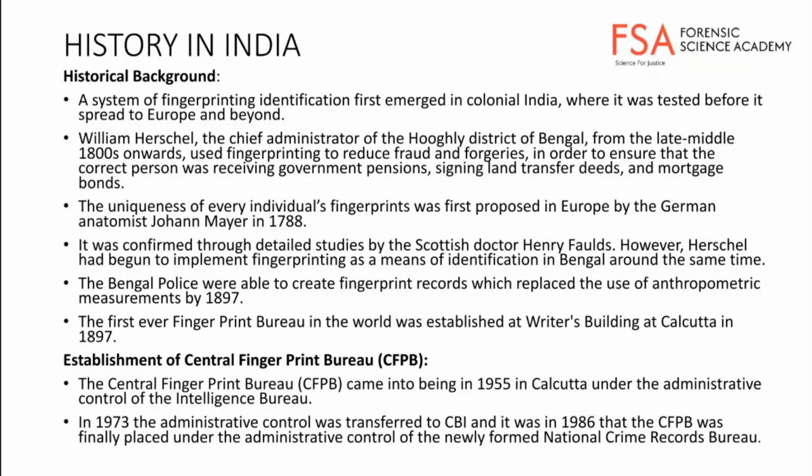The establishment of the Central Fingerprint Bureau (CFPB): it came into existence in the year 1955 in Calcutta itself under the administrative control of the Intelligence Bureau. In the year 1973, the administrative control was transferred to the CBI, and it was in 1986 that the CFPB was finally placed under the administrative control of the newly formed National Crime Record Bureau, that is NCRB.